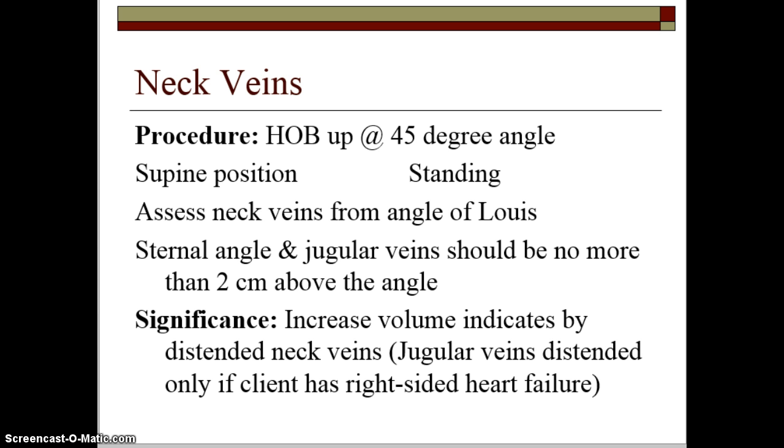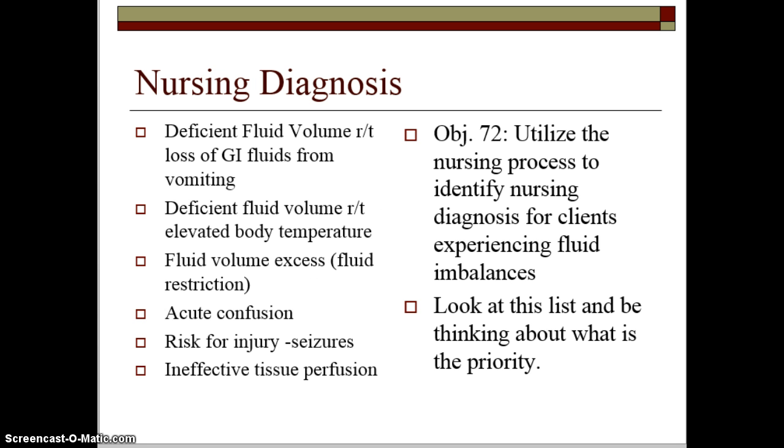That tells you that there's a lot of volume trying to get into that right atrium of the heart, and they're distended. It's like traffic rush hour in Minneapolis when everybody's trying to get to work and it's slowed down because of the volume. The jugular veins can only take so much of that fluid and get it into the right atrium. So we see a backup of the fluid that shows up in the body as jugular vein distension.